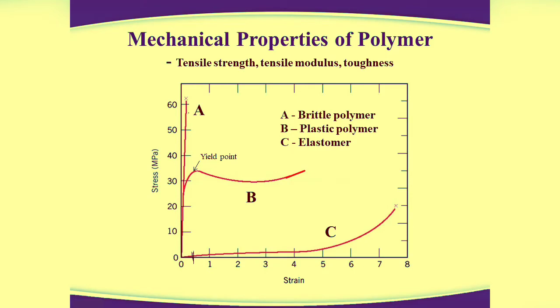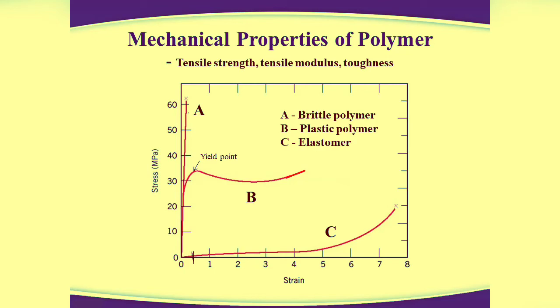The strength of a material is the stress value at which it breaks, whereas modulus is the ratio between stress and strain, and typically represents material's ability to resist deformation. And toughness is the amount of energy consumed by the material before it breaks. It is mainly measured by the area under the stress-strain curve.